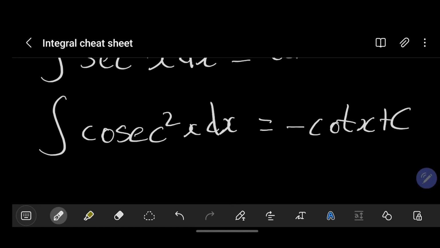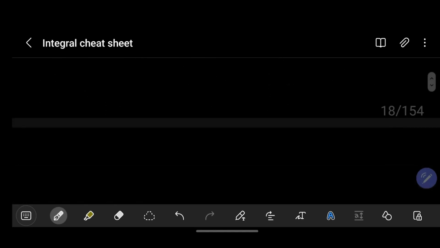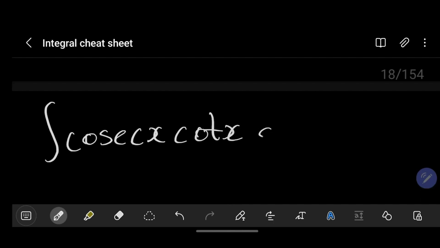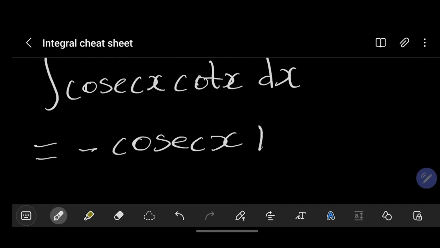So let's go with the next one. What is the integral of cosec x cot of x dx? That's equal to minus cosec x plus c.